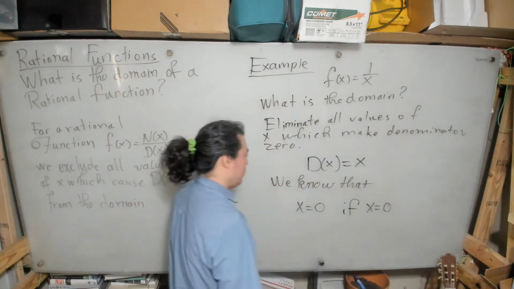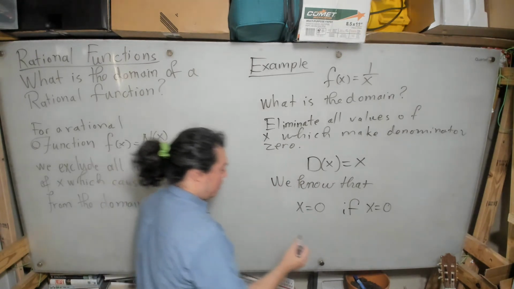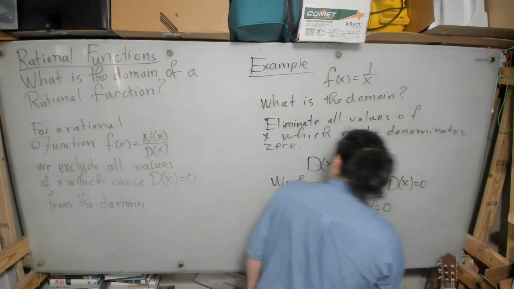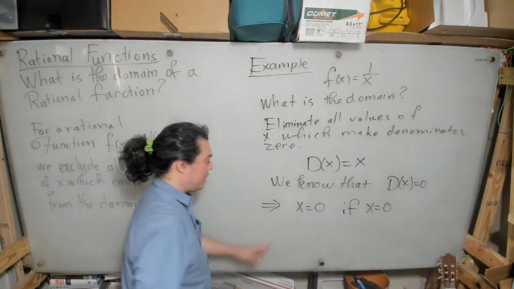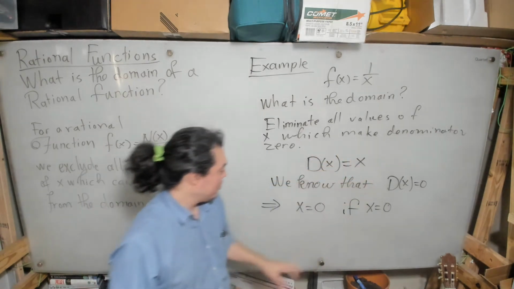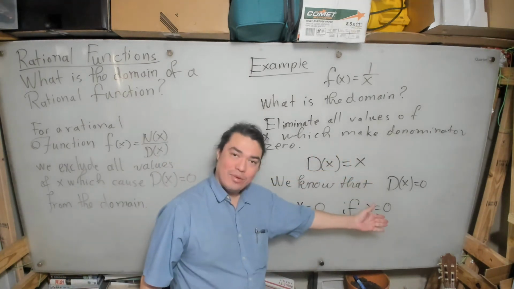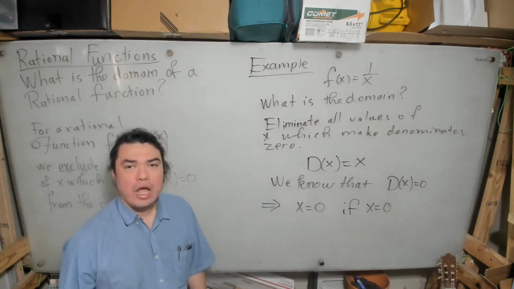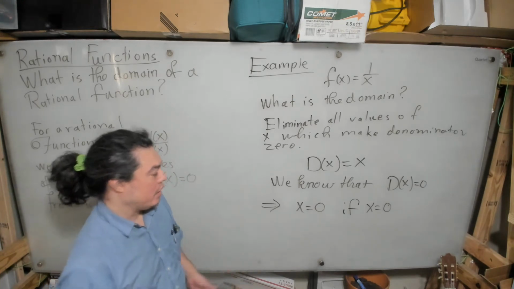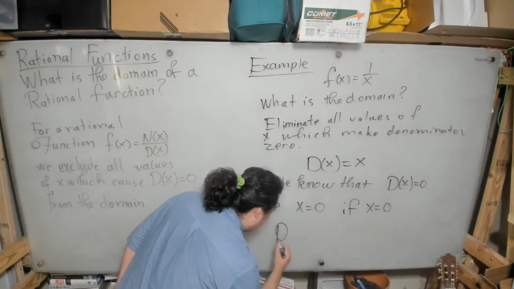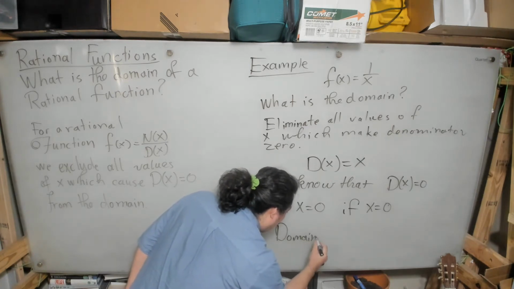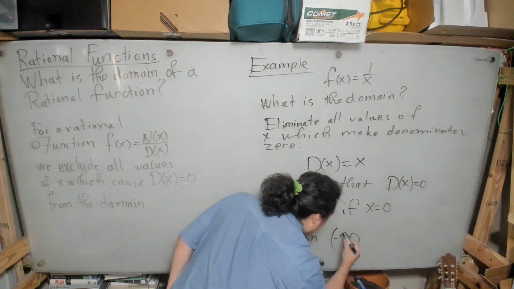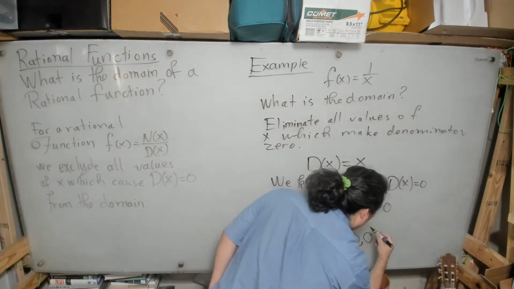So we know that d of x equal to 0 would imply x equals 0, because of course d of x equals x. And x equals 0 if and only if x is 0, because the denominator is just x. So it makes our life easy. How would we express that? The domain of this function is going to be from negative infinity up to 0, and then we put parentheses.